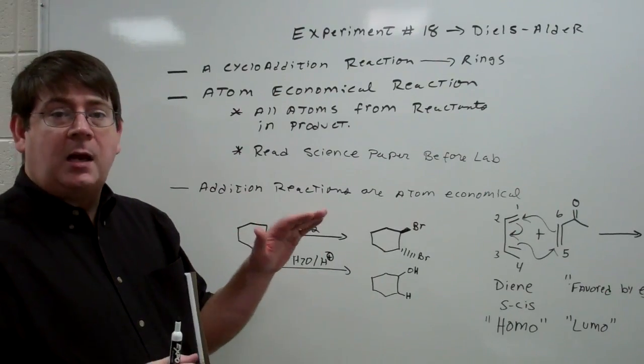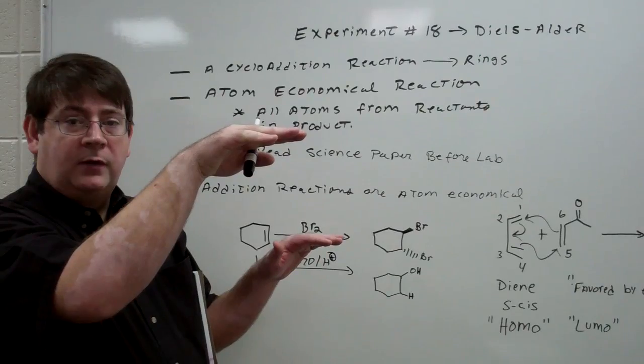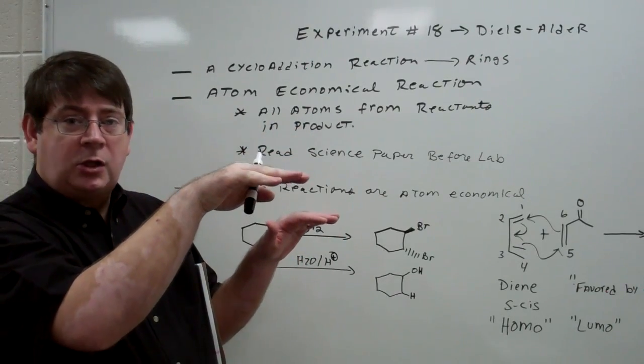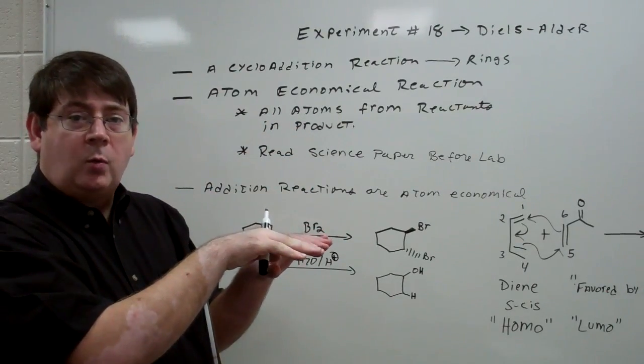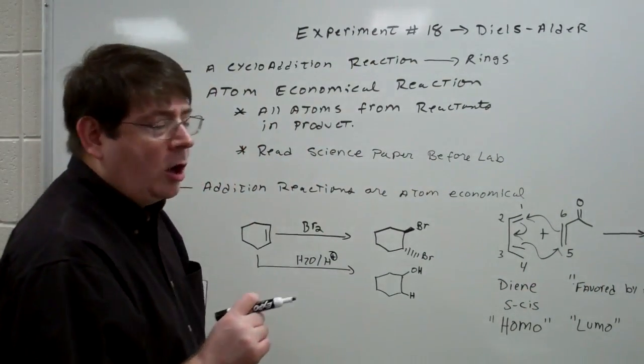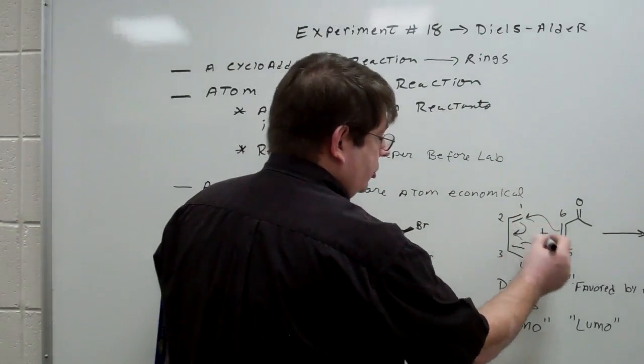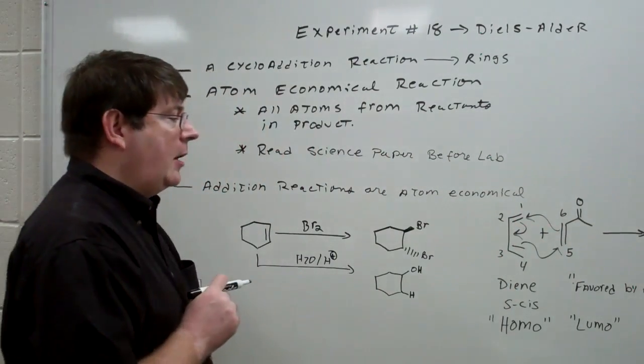If we can get the energies close enough, those will interact with one another and actually form the product. That's a little harder to explain on the board, so to speak, and so it's a lot easier just to show arrow pushing as to how that reaction occurs.